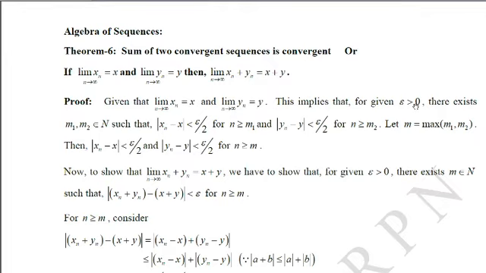For given epsilon greater than 0, there exists a positive integer, say m1, such that mod xn minus x is less than epsilon by 2 for n greater than or equal to m1, and some positive integer m2 belonging to N such that mod yn minus y is less than epsilon by 2 for n greater than or equal to m2.